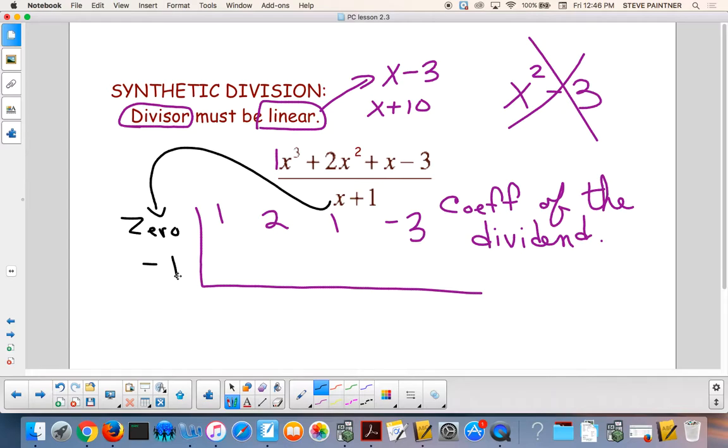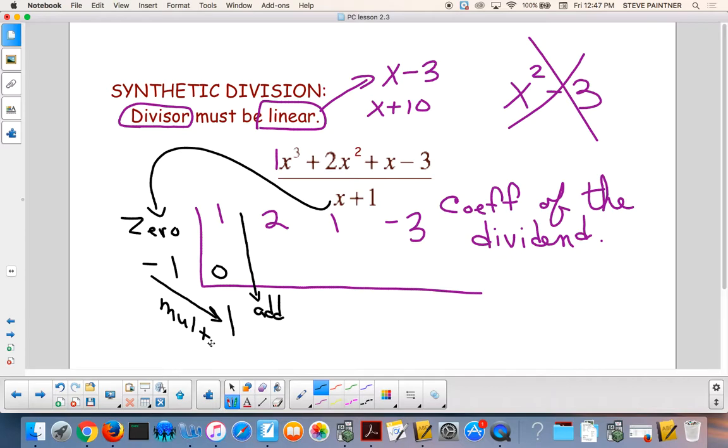Now, how do we do it? We vertically go straight down, and we add straight down. And we put a 0 there right away. Always put a 0 in the corner. So 1 plus 0 is 1. Now, diagonally, we multiply.